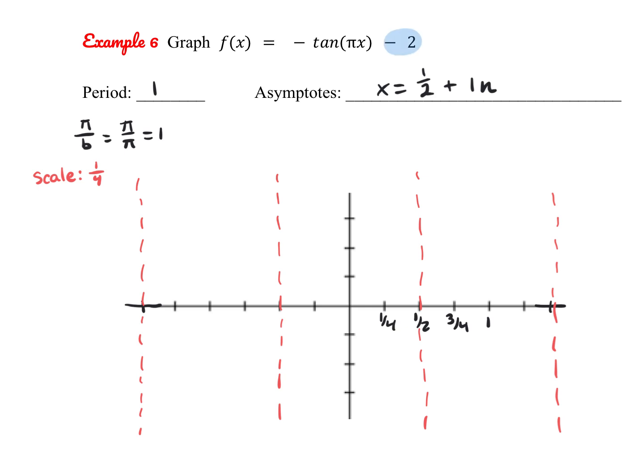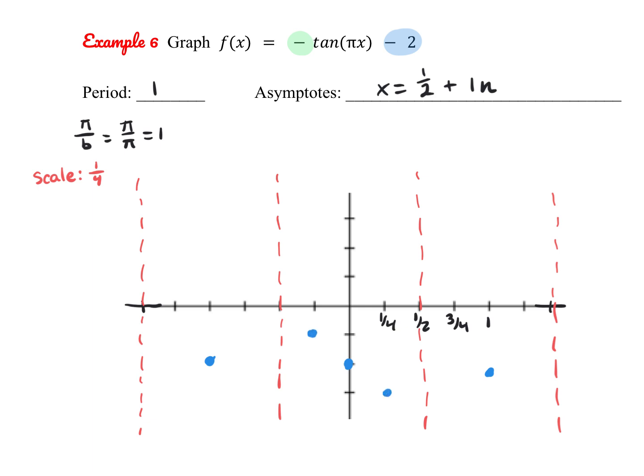All right, the next thing I'm going to look at is this vertical translation down 2. So I'm going to move all of my midway points down 2. Instead of being at 0, they're going to be at -2. My a value is 1, so that vertical distance is going to be 1. But then here you notice we have the negative. That reflection makes our graph go down instead of up. So from the midway point, I'm going to go down 1 to the right 1/4.